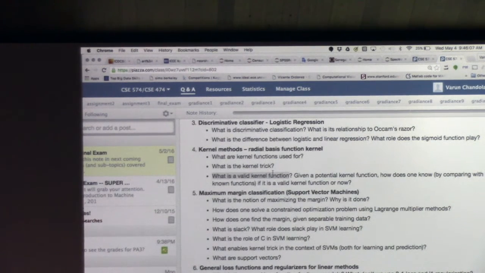So if you design a kernel function, tomorrow if somebody comes to my door and says, here's a new kernel function, the first thing I'll ask that person is, is this valid, right? And the way that person has to prove it is by proving that if I take any bunch of data points and create a similarity matrix by applying that kernel function to each pair, it should be positive semi-definite, right?